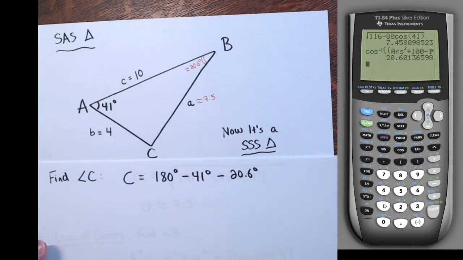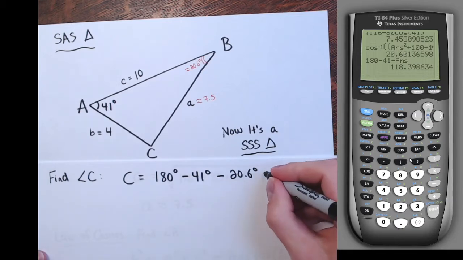And I can go on my calculator, go 180 minus 41 minus, and then instead of 20.6, I want to be a little more accurate. I put in this previous answer, and it's about 118.4.